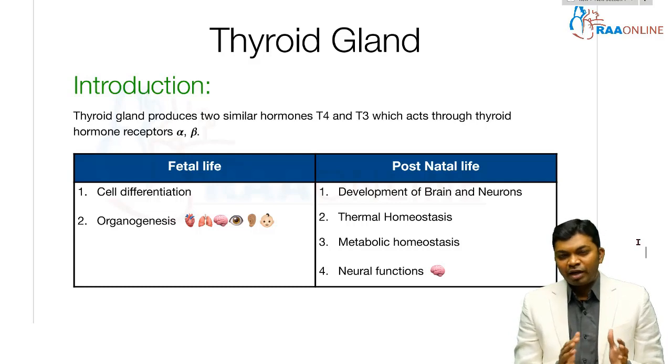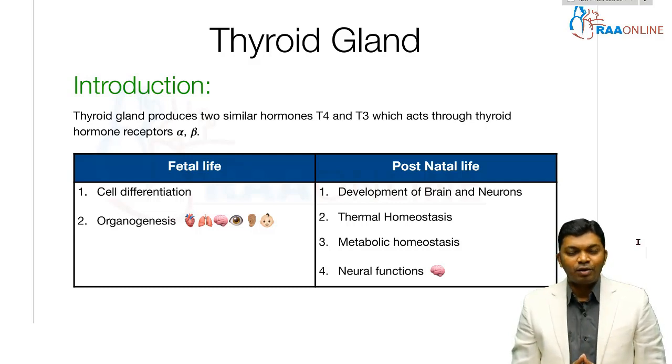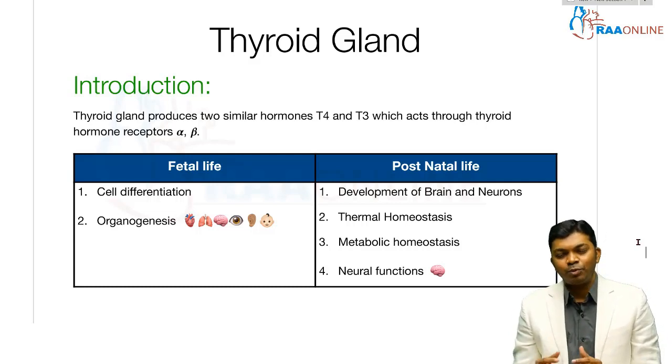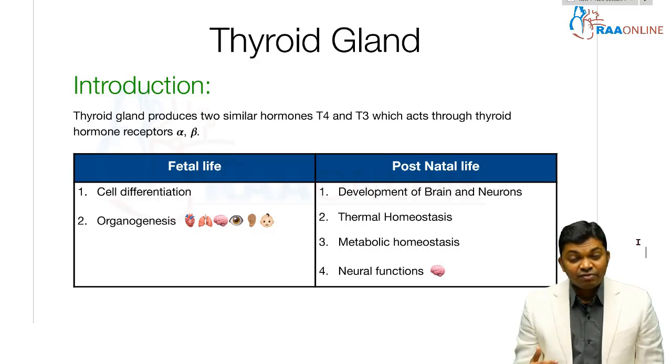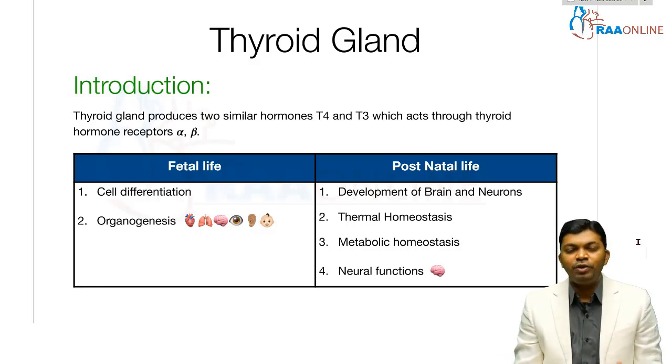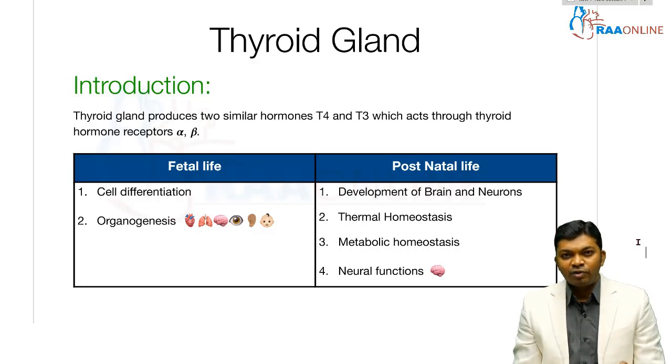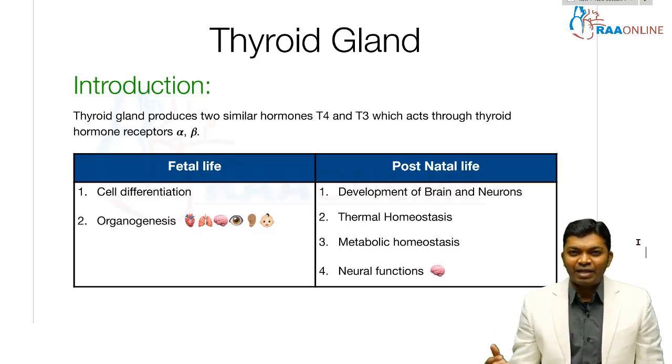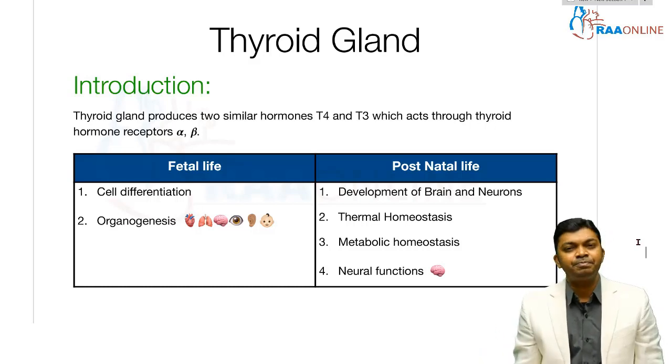Apart from these two primary hormones, thyroid gland also produces another hormone with less physiological importance called calcitonin. So these are the hormones coming out of thyroid gland, and as I just told you, T3 and T4 has got a phenomenally huge physiological significance, whereas the third hormone calcitonin doesn't have much of a physiological significance.